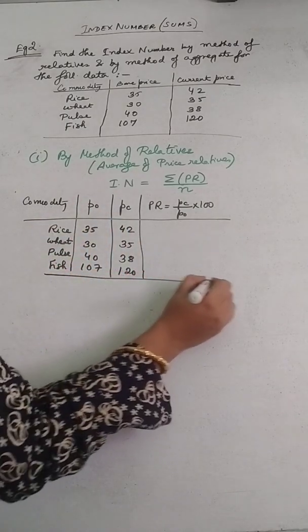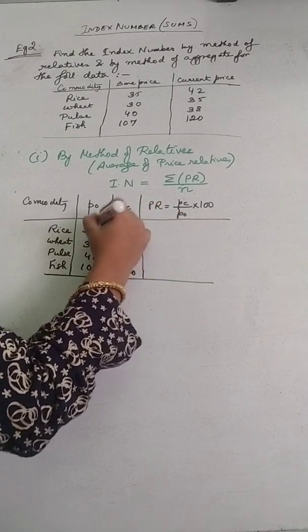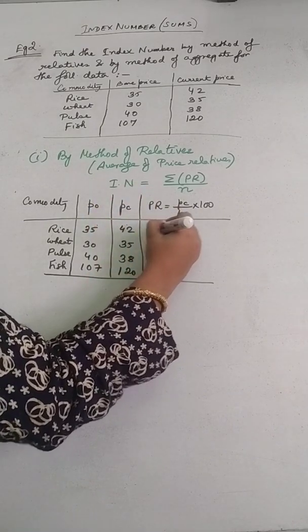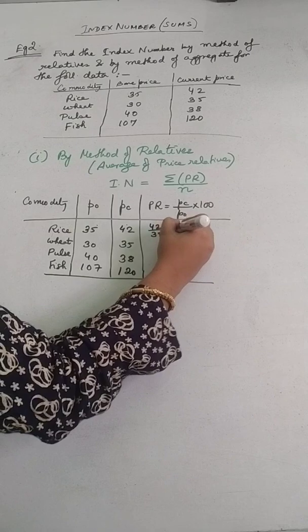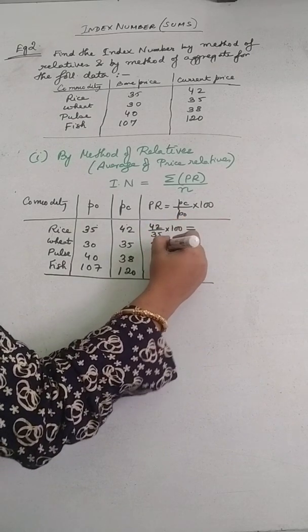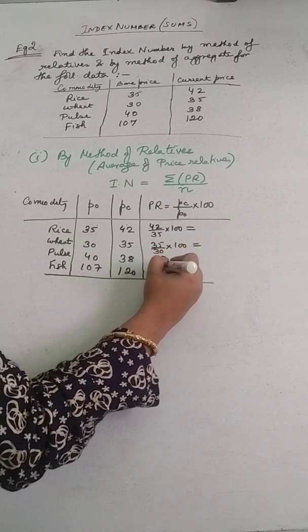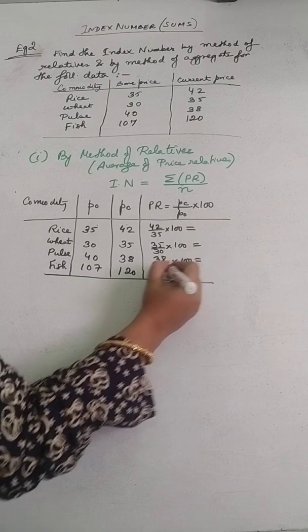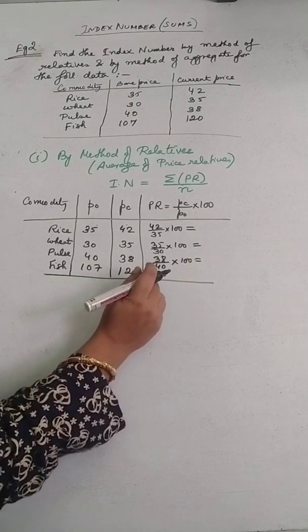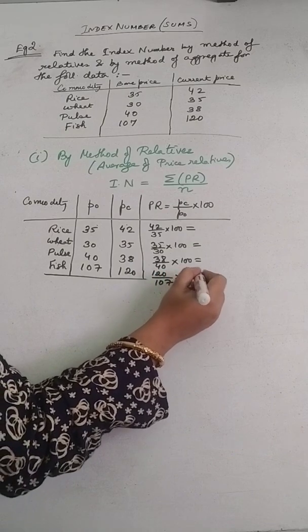So what are the PRs therefore? This is PC, this is P0. I'll show the calculation. 42 by 35 into 100. This is 35 by 30 into 100. This is 38 by 40 into 100. And this is 120 by 107 into 100.